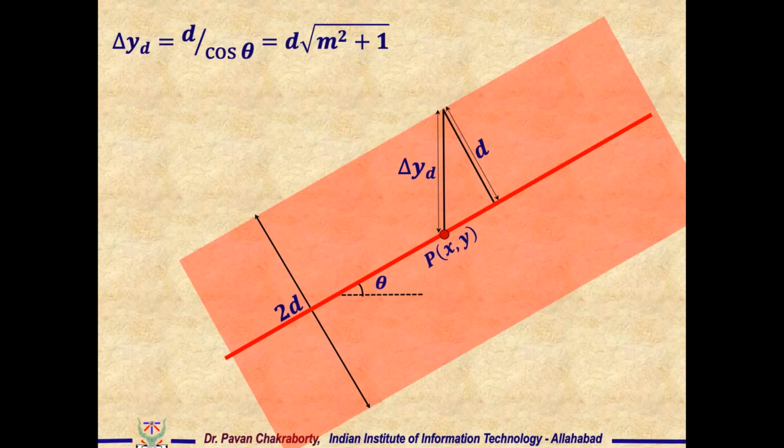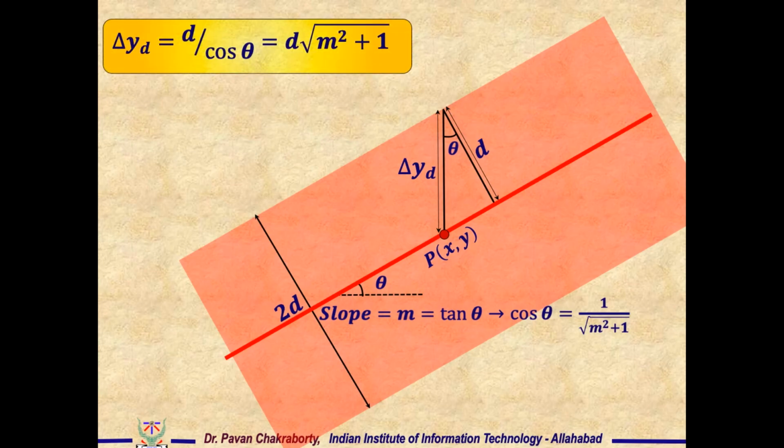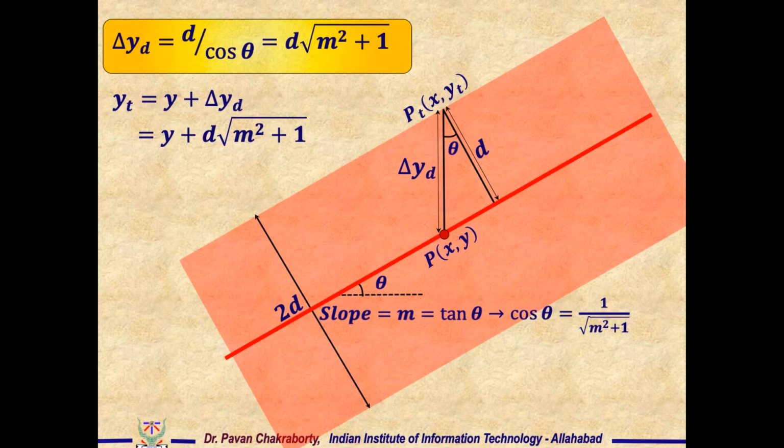What we have seen, delta yd can again be written as d times under root of m square plus 1. Yt is equal to y plus delta yd, which is given as y plus d times under root of m square plus 1.